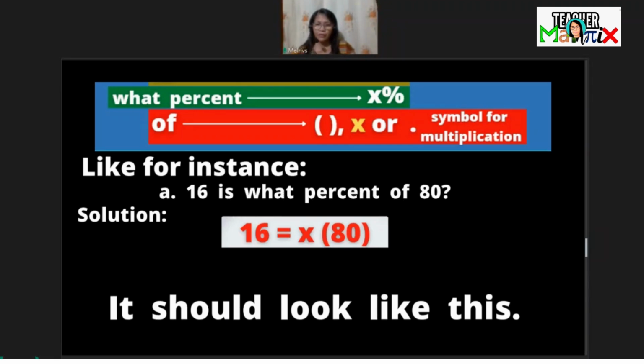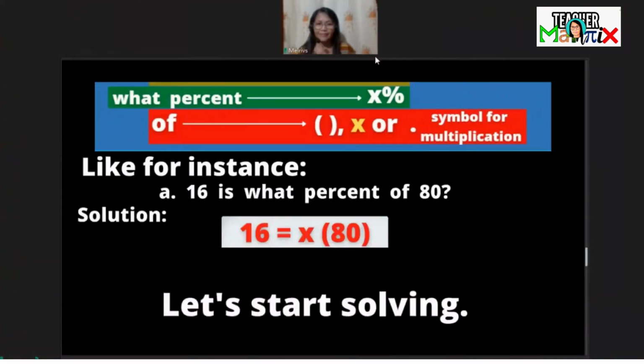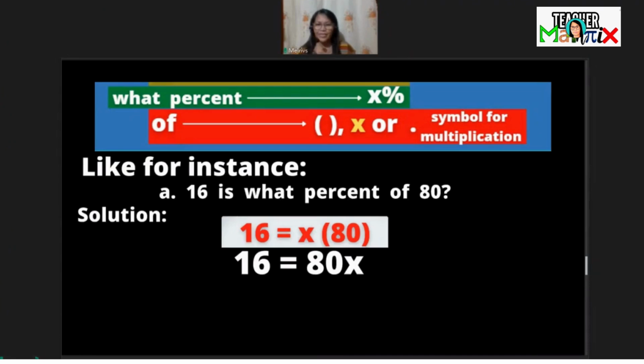So it should look like this: 16 equals X times 80. Okay, let's start solving. Are you ready? Okay. With this, 16 is equal to X times 80, or 16 is equal to 80X.